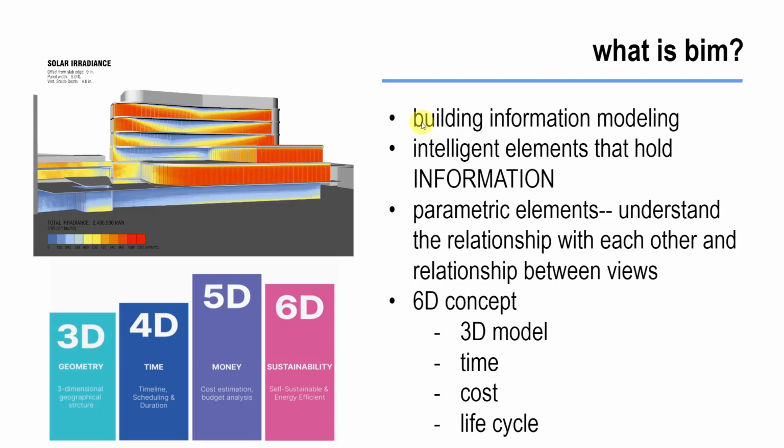So within that building information modeling, each piece of your drawing or of your model is its own separate parameter or separate element in the drawing. And therefore, there is a lot of information built into those elements.